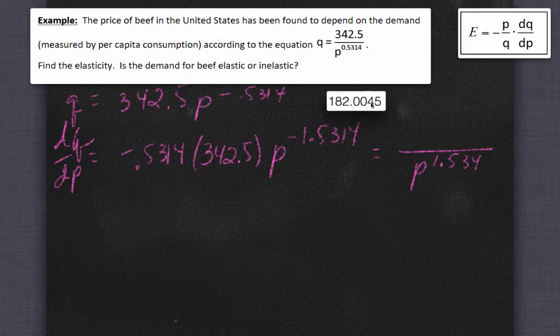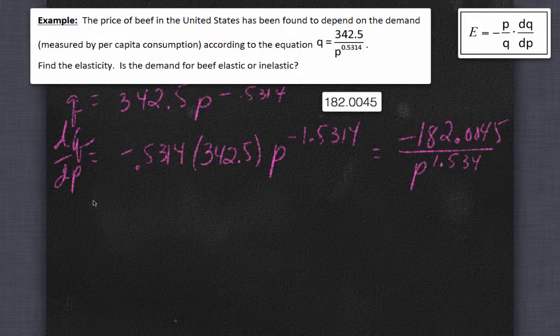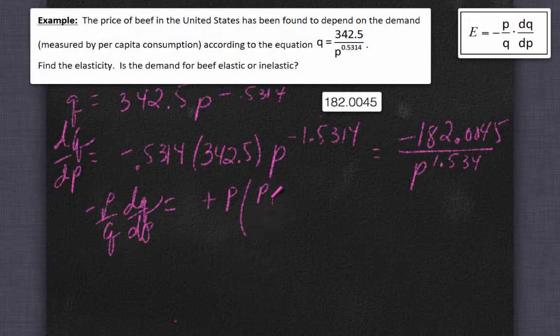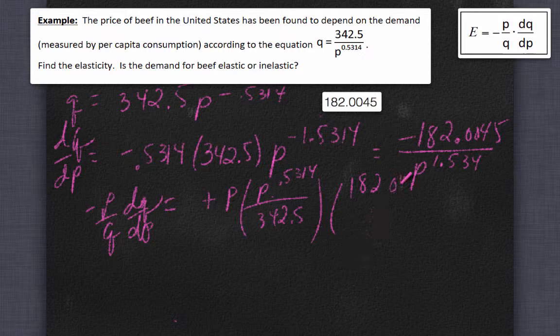All right, I ran over and got a calculator to do that. Okay, so I have P times P to the 0.5314, which is P to the 1.534.